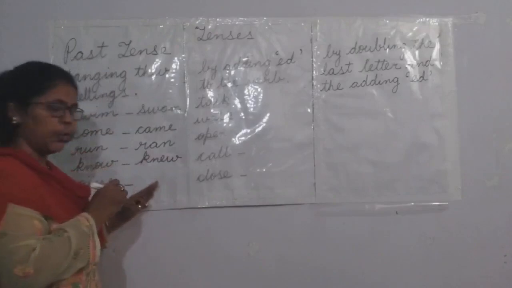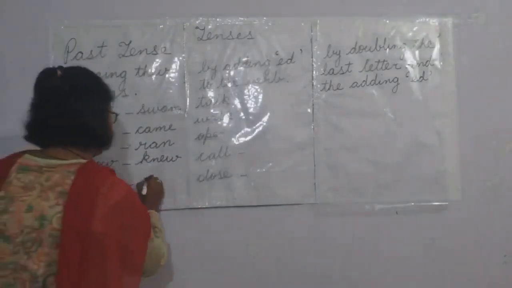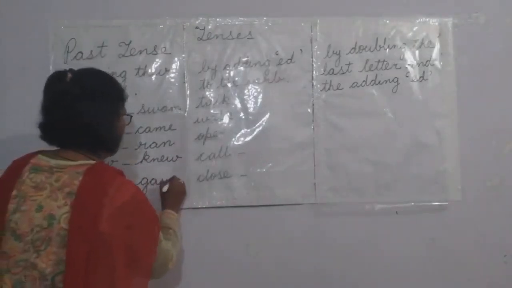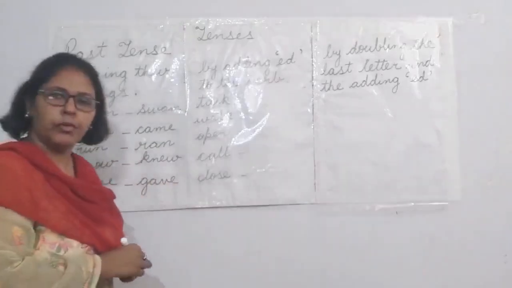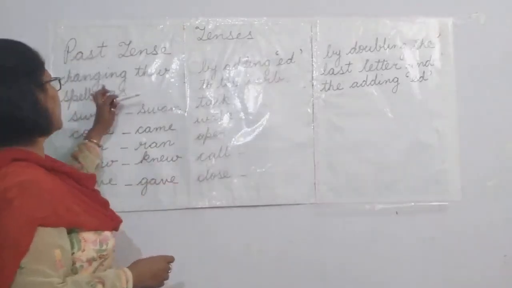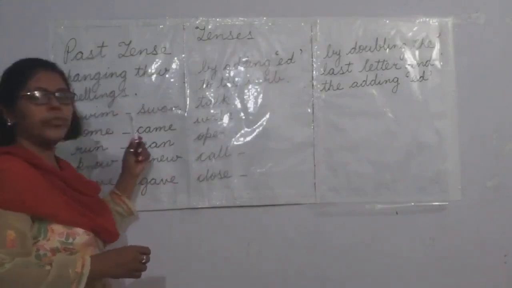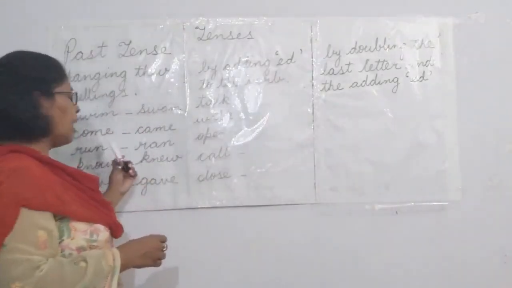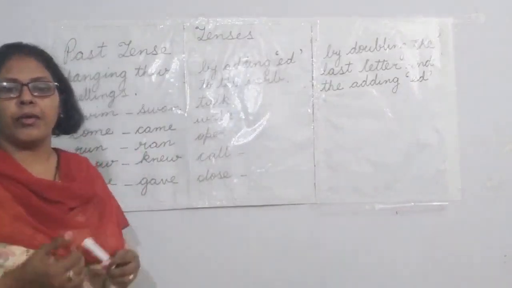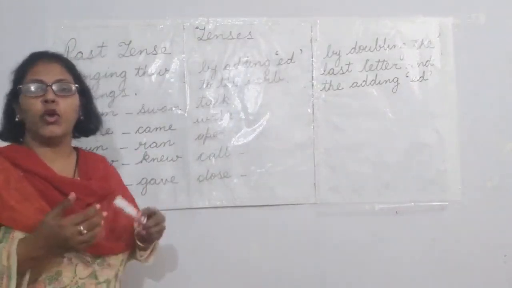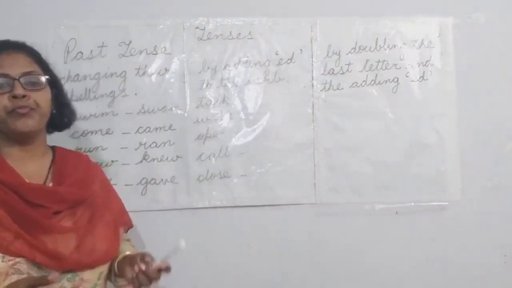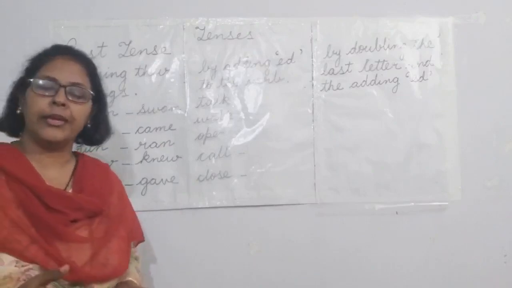Know, knew. Give, gave. So the spelling is changed. Swim becomes swam. Come, came. Run, ran. Know, knew. And give, gave.